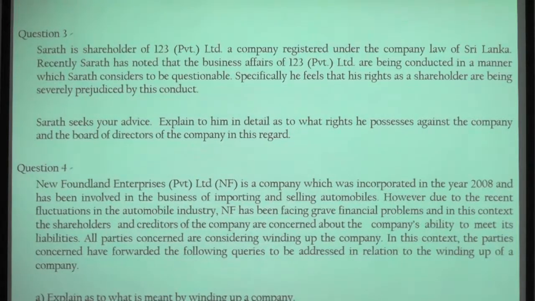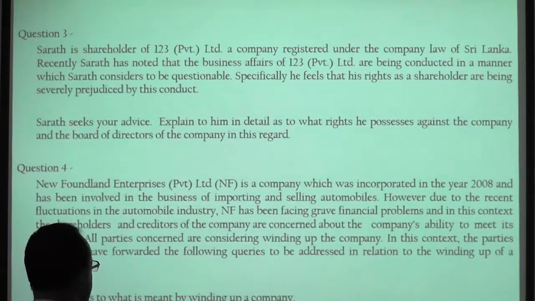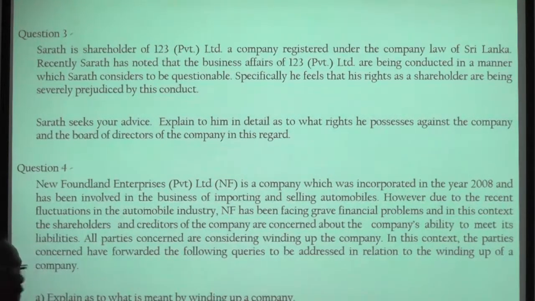Now, this is a typical oppression and mismanagement situation, where the affairs of the directors have been prejudicial on Sarath, and Sarath feels his rights as a shareholder are being severely prejudiced by this conduct.